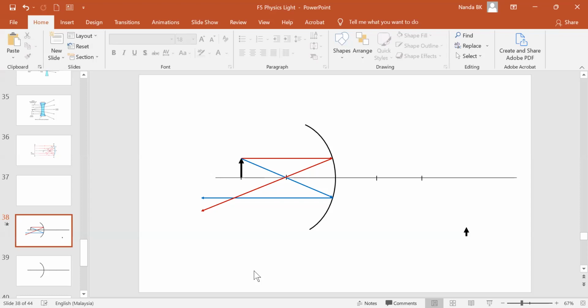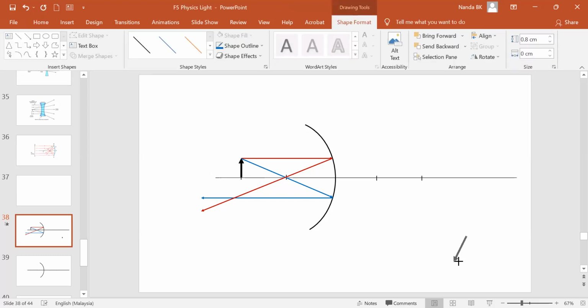So now where is the image? Where is the image? If you see, this is coming from the head. The head is here, reflects and comes down, which means the head now is here.